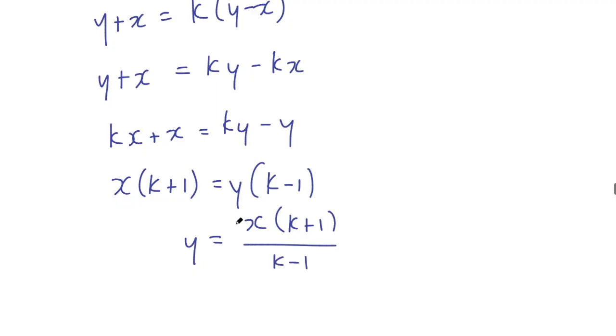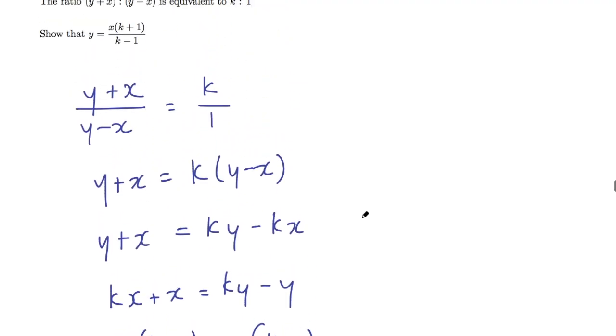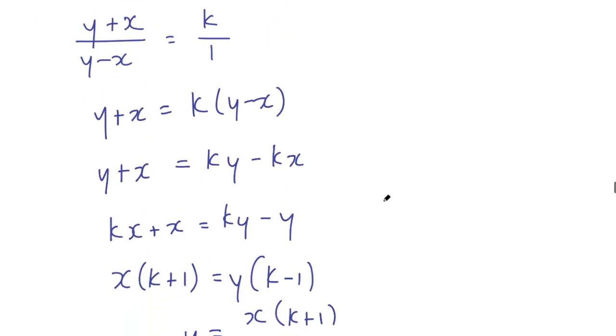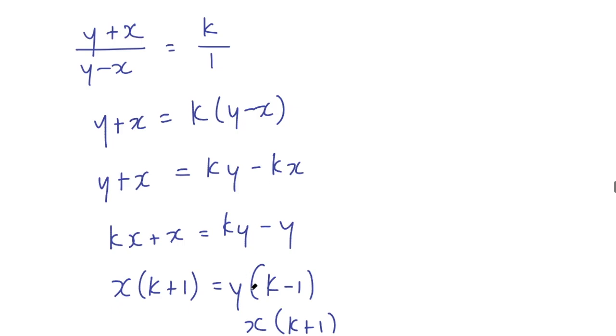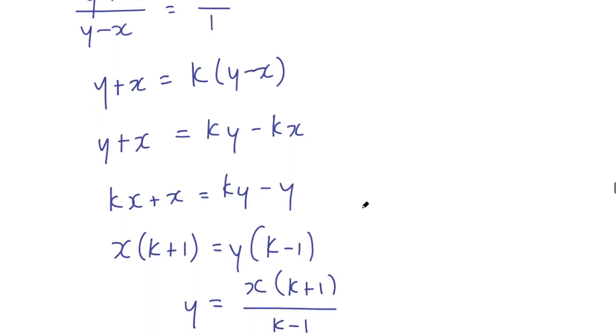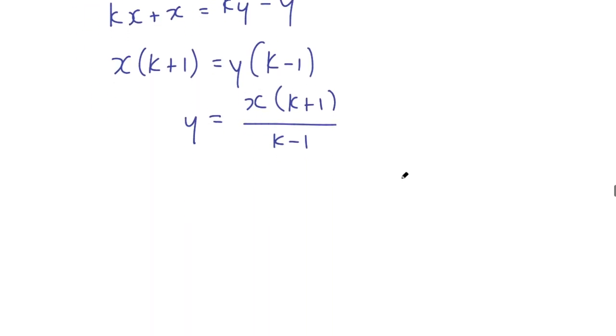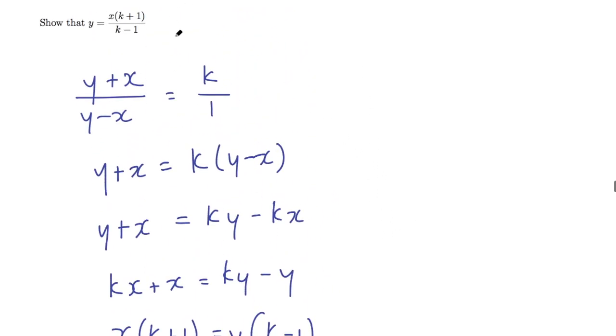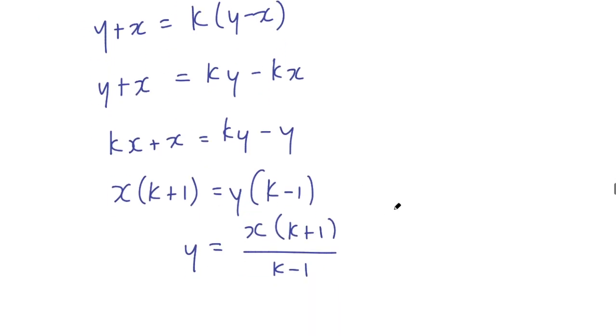So I get x bracket k plus 1 over k minus 1, which is what I wanted. So I've clearly shown the steps I've taken. Don't skip too many steps here, because you need to show the examiner the steps you're taking. They can't read your mind when they're marking these.